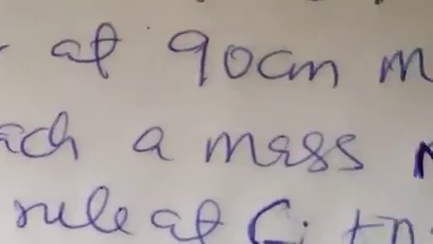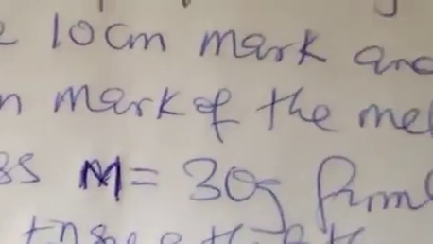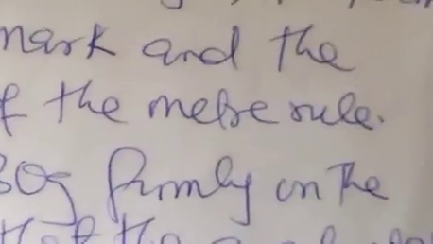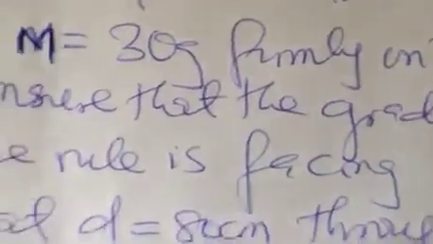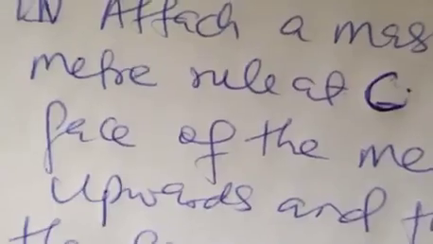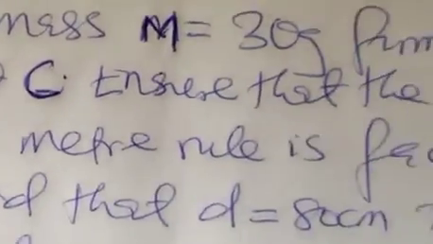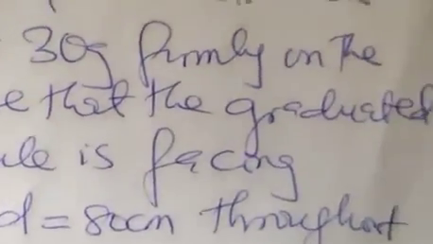When I go to question number IV, attach a mass M equal to 30 grams firmly on the meter rule at C, the center of gravity. Ensure that the graduated face of the meter rule is facing upwards, and that D is 80 cm throughout the experiment.